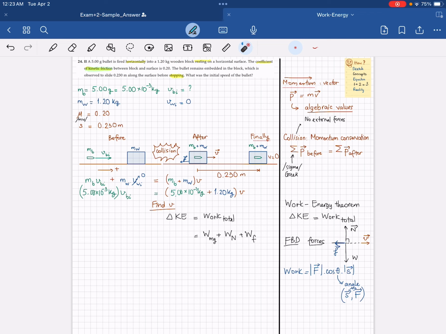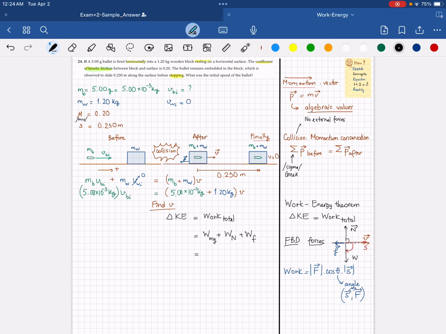Okay, so for the weight, that should be the weight itself, and then there should be the angle. This is the displacement, right? Let's draw the displacement vector here. This is the displacement S, and it is horizontal, in the same direction as the vector V. So to see the angle here from S to the weight, how great is it? It's 90, right? Yeah, it's very special. It's perpendicular, vertical and horizontal.